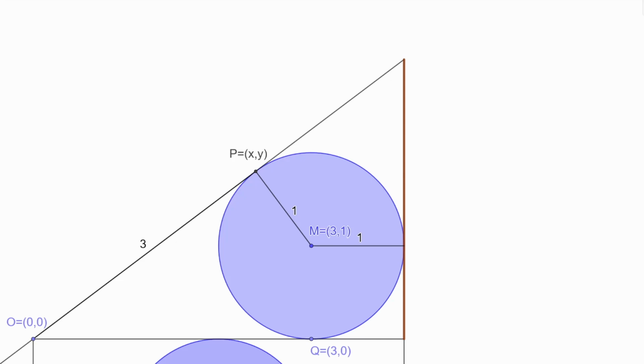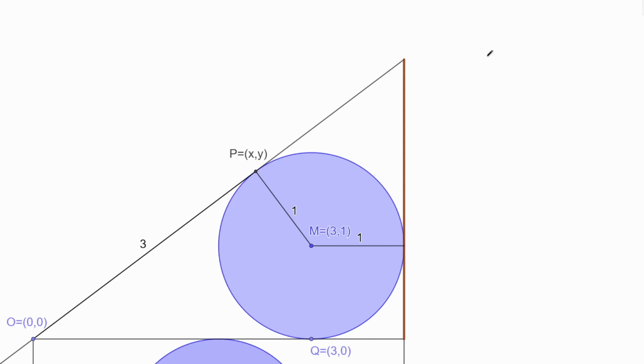However, using these distances, together with the fact that we can express distances using coordinate geometry, we can get some relationships that x and y must satisfy. First off, we get that this distance squared must be the difference in x coordinates between the points and the difference in y coordinates of these points, and we take the sum of the squares of these differences.